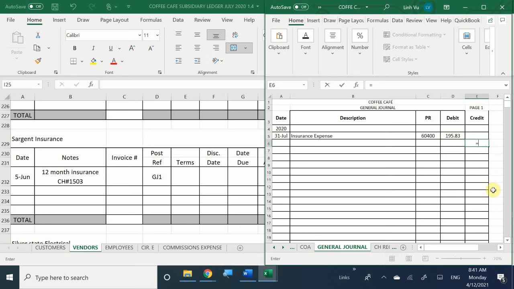Now, if I bought 12 months, where did I put the other 11 months? We own the insurance, right? If we own the insurance, where would you categorize that if it's an asset?